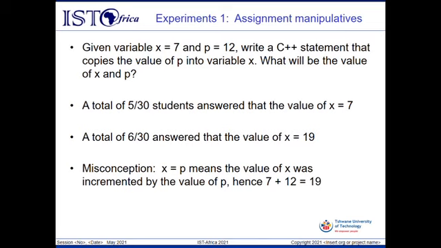The misconception is that the value of p is being added into the value of x. And then at the end, the students don't really understand how assignment works. So out of these students, you can see that we have that number that really do not understand assignment.